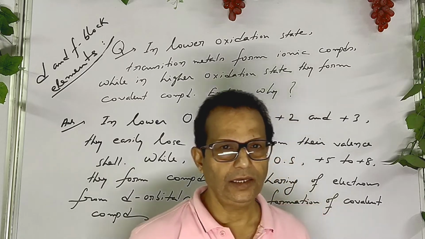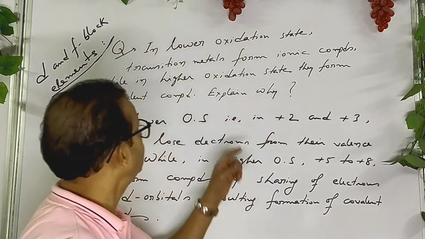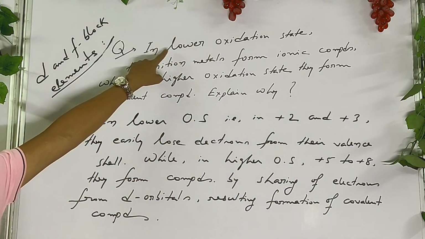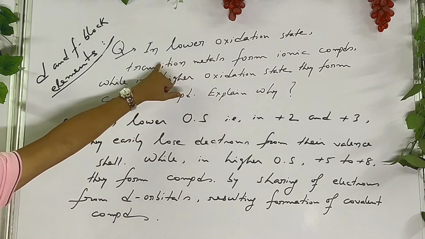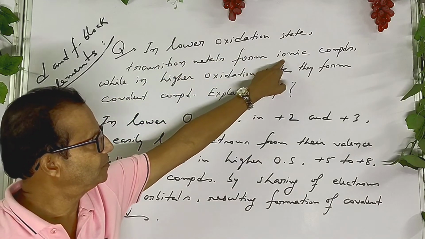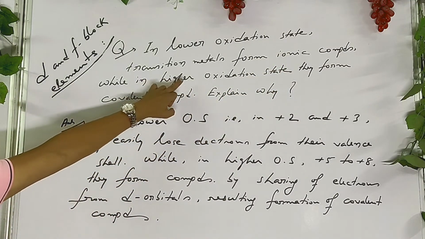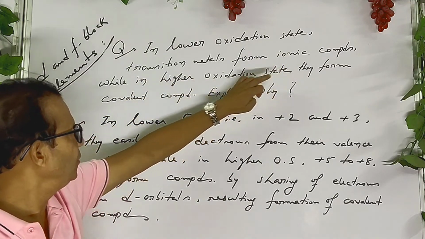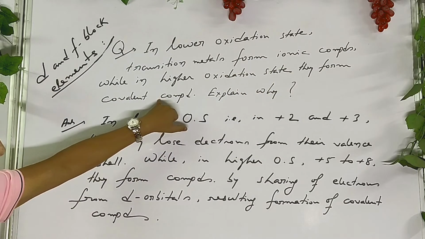Why? Let's understand. In lower oxidation state, transition metals form ionic compounds, while in higher oxidation state they form covalent compounds.